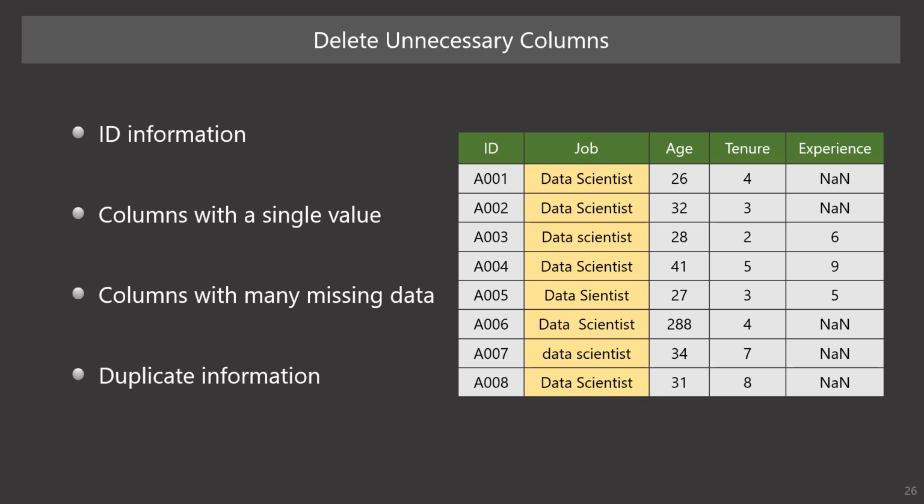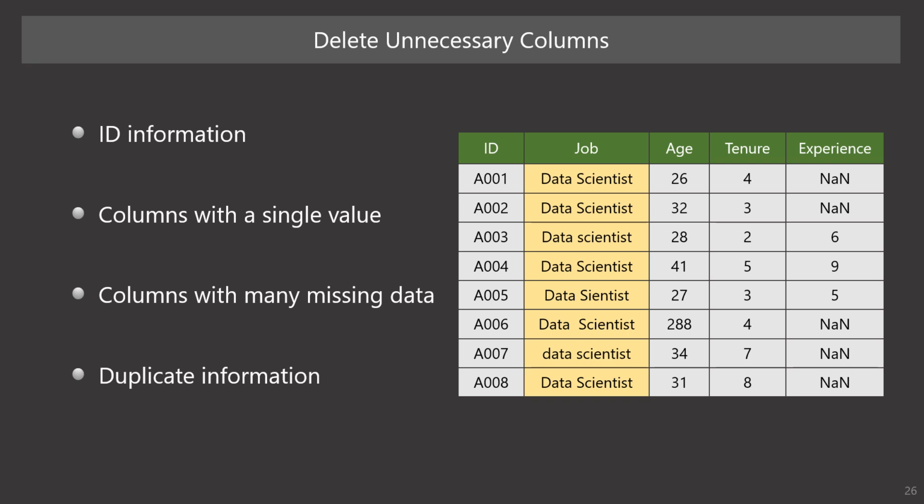Second, in some cases, columns consisting of a single value do not provide us with useful information. For example, this is a dataset of data scientists, so all of the persons included in this dataset are data scientists. So the column job contains only a single value, data scientist.